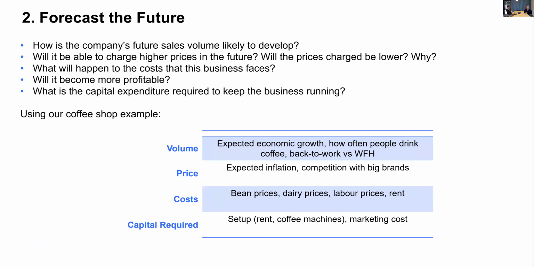Thank you. Yeah, so after looking at a company's past, the next thing to think about is its future. How do you think sales might evolve? What's going to happen to the demand for this company's products or its services? And how sensitive are its profits to potential changes in things like raw material costs and other variables?